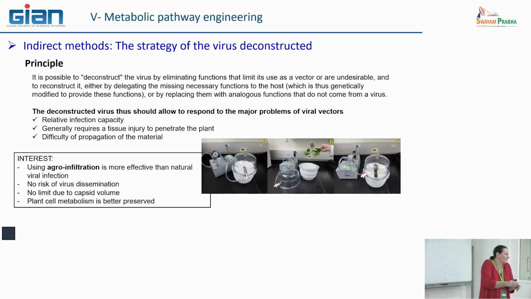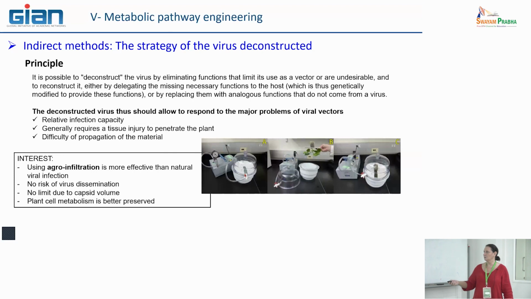The agrobacterium infiltrates all the stomata of the plant. So in this way, you can infiltrate agrobacterium with the virus sequence in the plasmid in just a few minutes, and with lots of efficiency, whatever the organ of the plant.